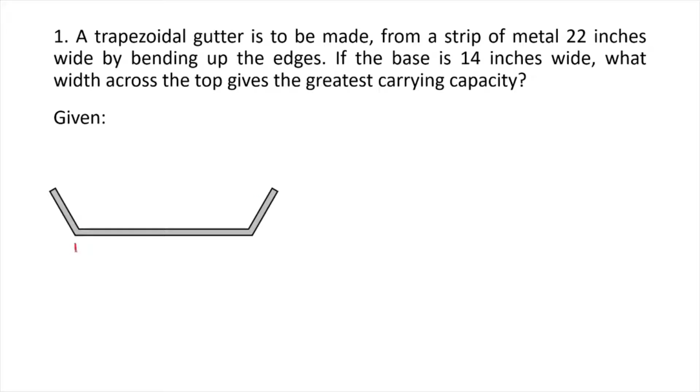The base is 14 inches. Then remember that the total length of the metal strip is 22 inches. Therefore, each of the edges, or each of the portions here, is measured to be 22 minus 14, that would be 8, and then divided by 2, so 4 inches.